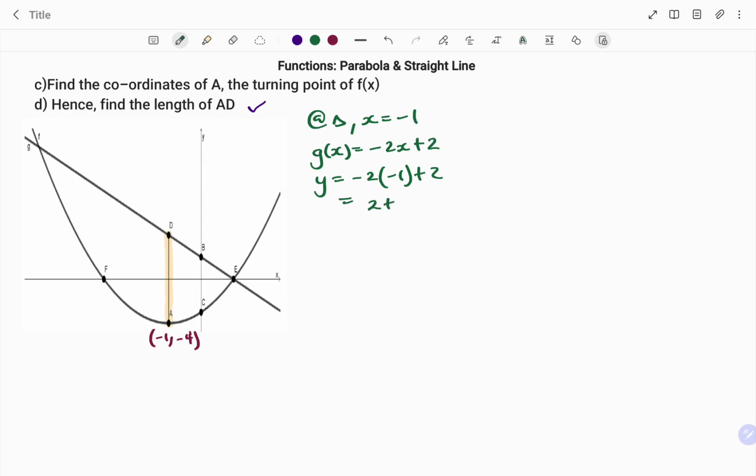That's 2 plus 2. Therefore, the y coordinate will be 4. So if y is 4, point D will be -1 and 4. To find the distance AD, we have the maximum minus the minimum, that's 4 minus -4. That's 4 plus 4, which is equal to 8 units.